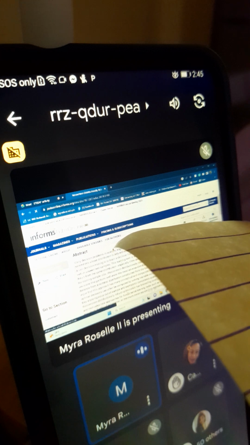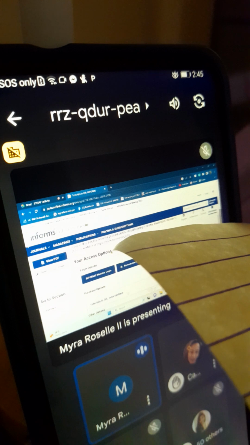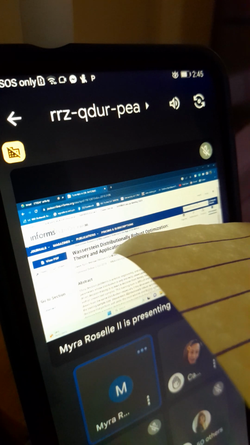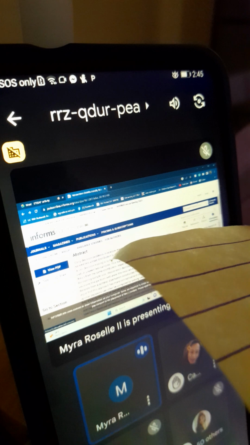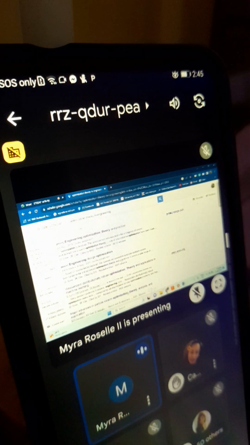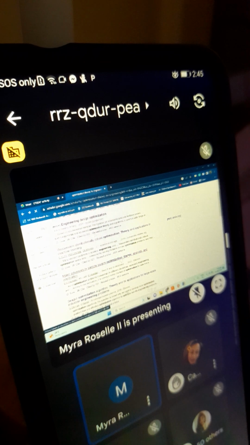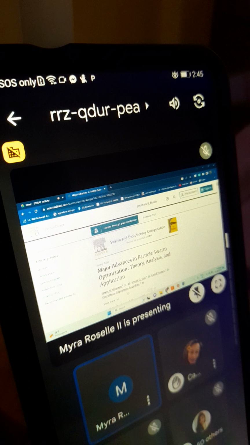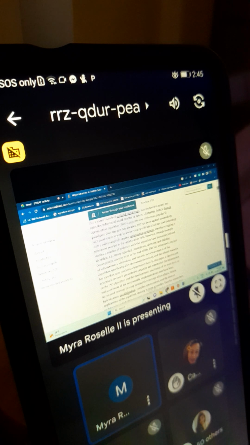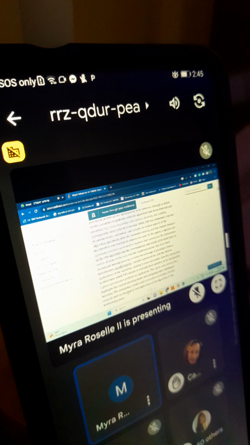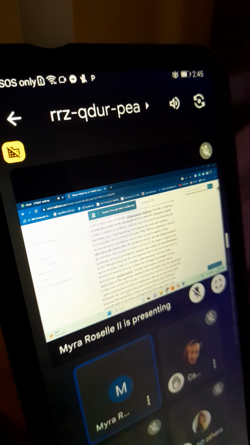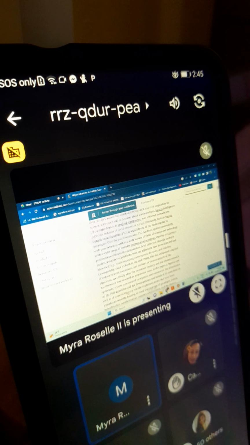View or download it, and then go to where their discussion of the theory is. For example, look for where the theory of optimization is discussed. There is a discussion about optimization here.